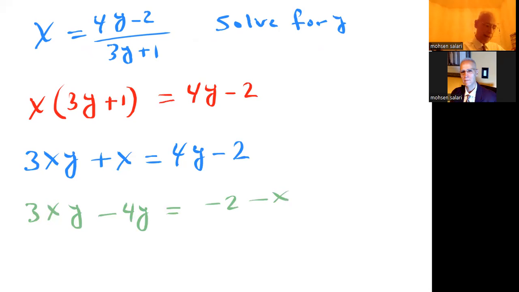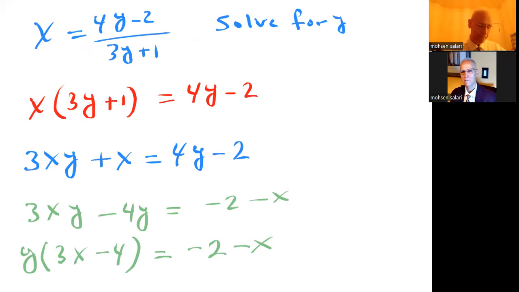I'm going to go ahead and now factor the y out. So y times 3x minus 4 equals minus 2 minus x. And now I divide both sides of this equation by 3x minus 4, the coefficient of y. Let me see if I can fit everything in here. I think I can.